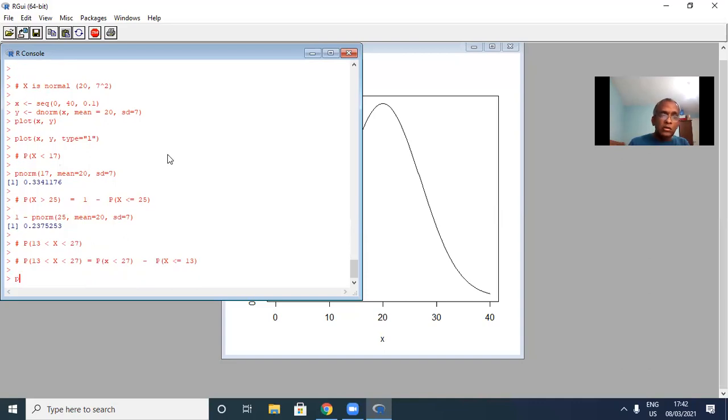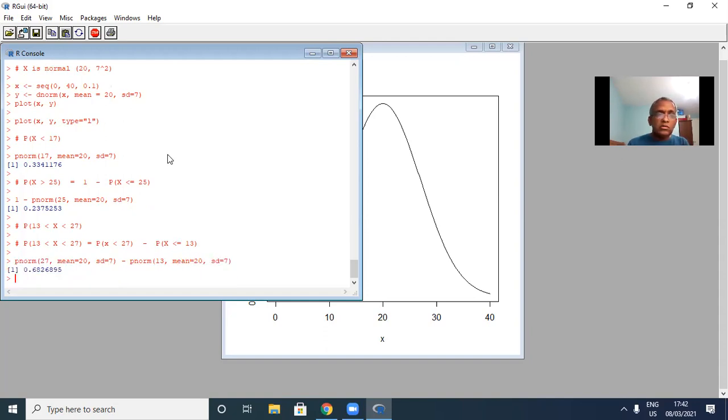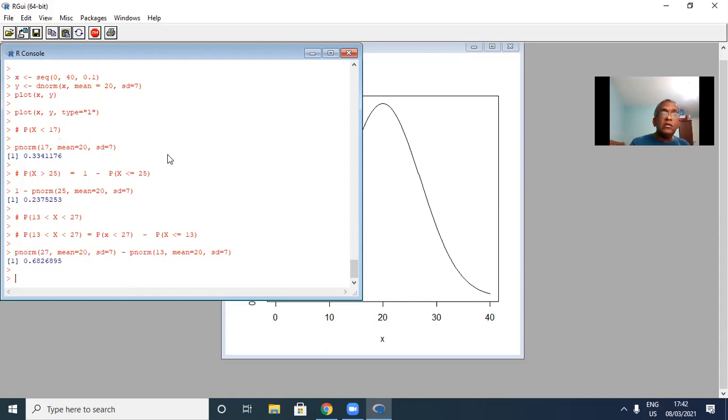So in R, you will compute this as p norm at 27, mean equal to 20, standard deviation equal to 7, minus p norm at 13, with mean equal to 20 and standard deviation equal to 7. So this is what you get. All right.